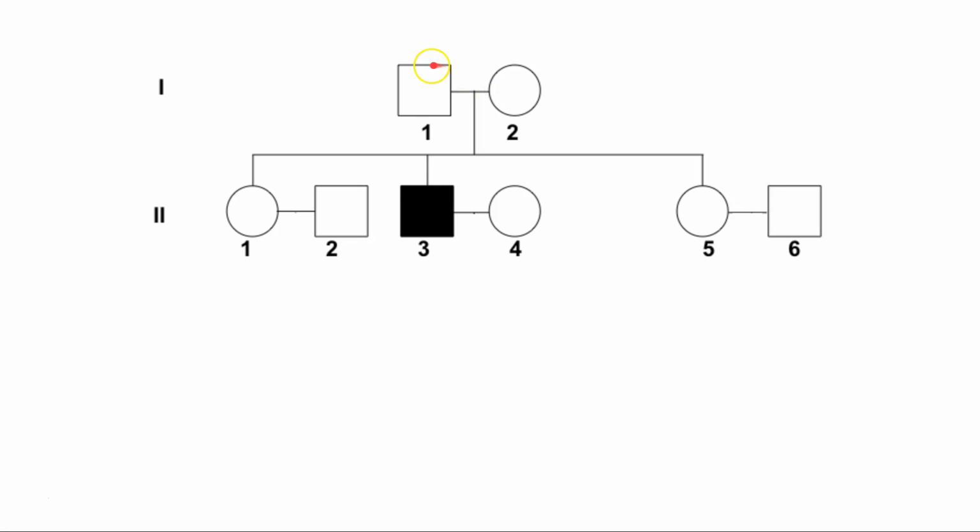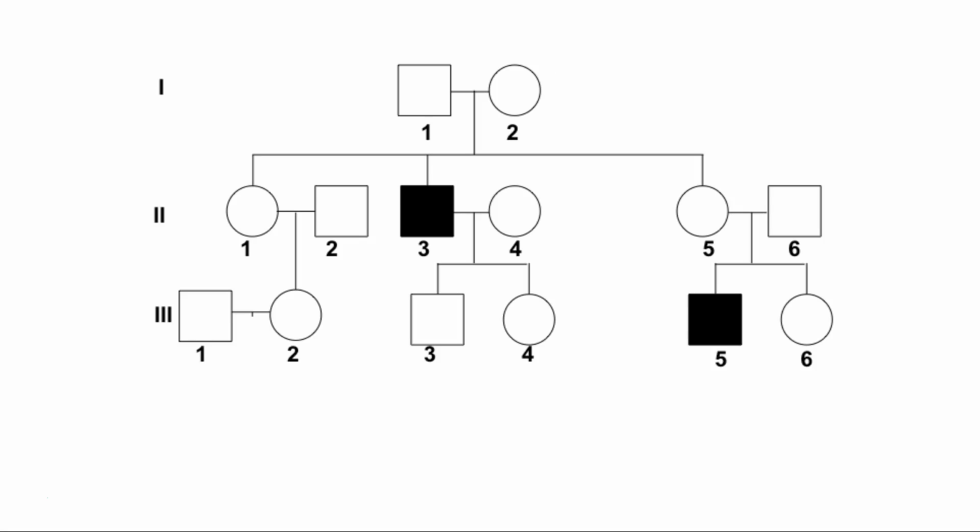Because the only way for this individual to get it, if it was dominant, is if one of these parents had it. They'd have to have one of those capital letters in their genotype. But since this individual has it and neither parent has it, I would call this a recessive condition.